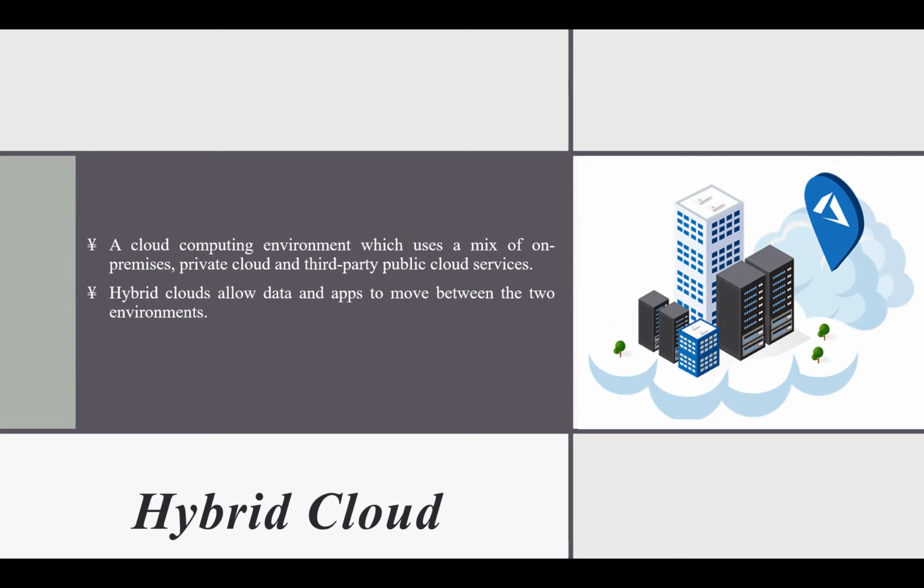That concept is your hybrid. Hybrid is a mixture of on-premises, private and public. Your data is protected in private, your access can be in public. Your services can be in public, but your data is protected.